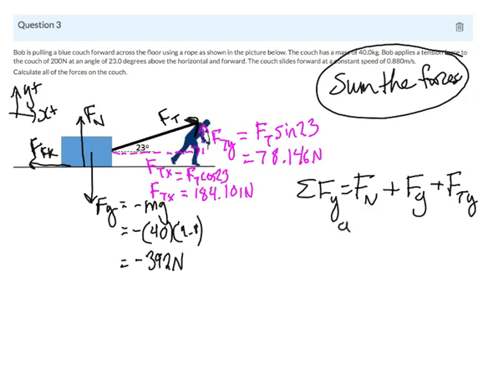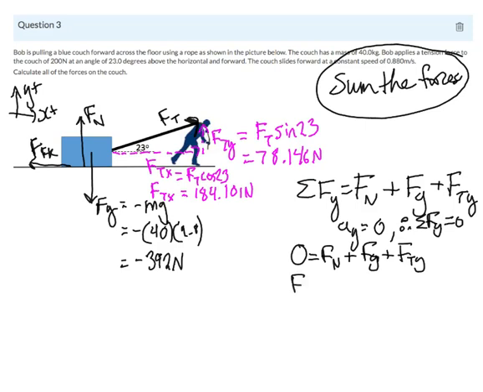We also know that this couch is not moving in the y direction, so it's definitely not accelerating. That means the net force in the y direction is 0. So you can say that 0 is equal to Fn plus Fg plus Fty. Now I know Fg and Fty, so to solve for Fn I move these two to the other side, and they become negative: negative Fg, negative Fty.